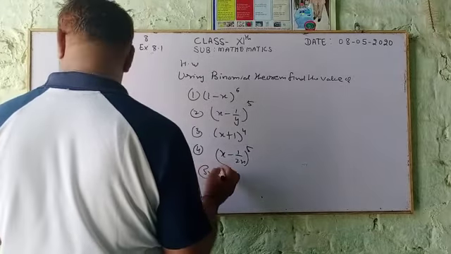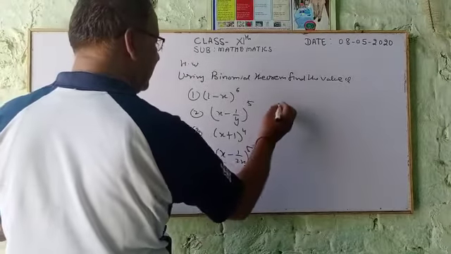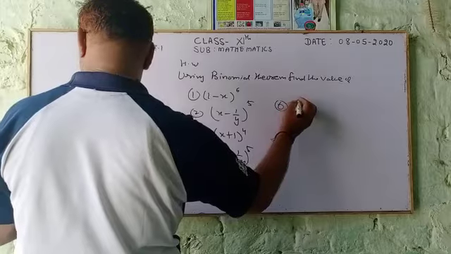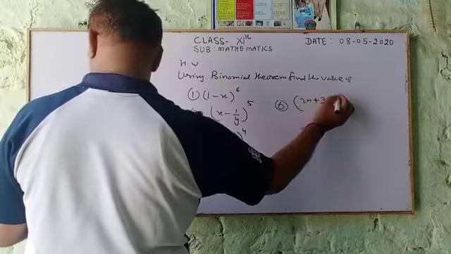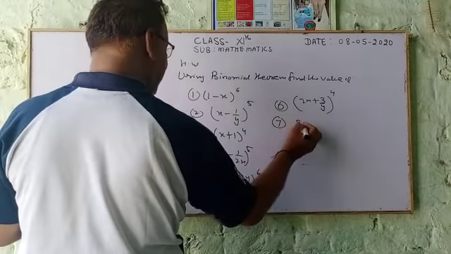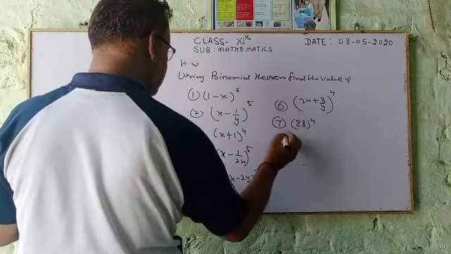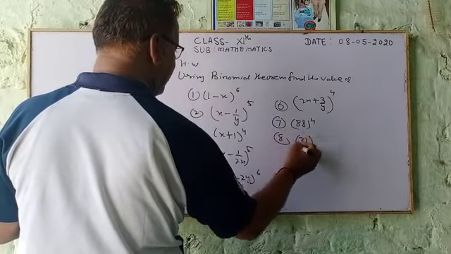Question number 5, (x minus 2y) raised to power 6. And question number 6, (2x plus 3 upon y) raised to power 4. Question number 7, 88 raised to power 4. Question number 8, 31 raised to power 5.